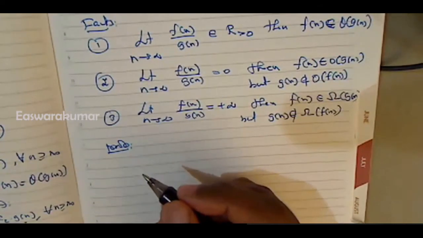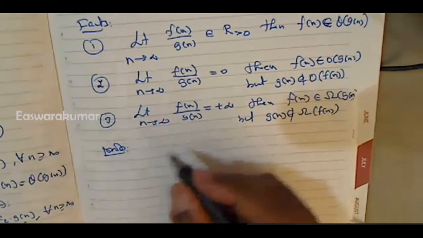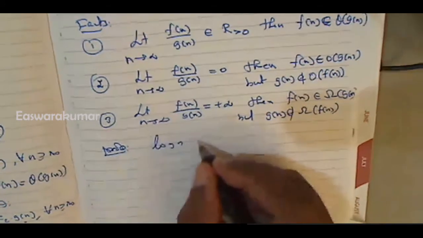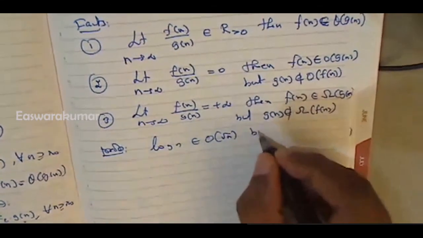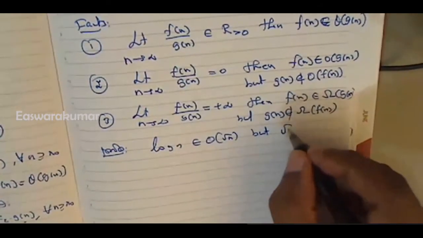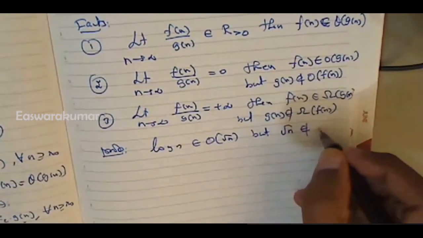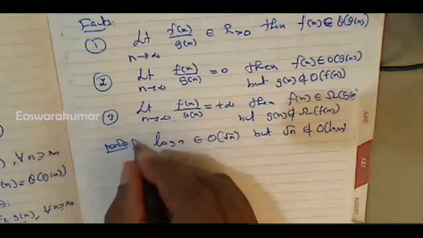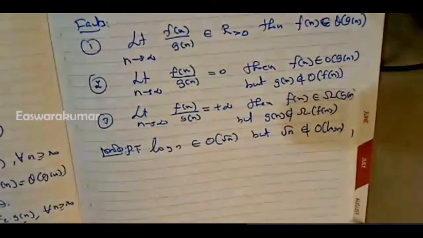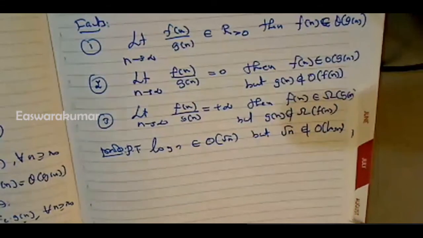The problem says that log n belongs to order of root n, but root n does not belong to order of log n. So this you have to prove. Prove that log n belongs to order of root n, but root n does not belong to order of log n.